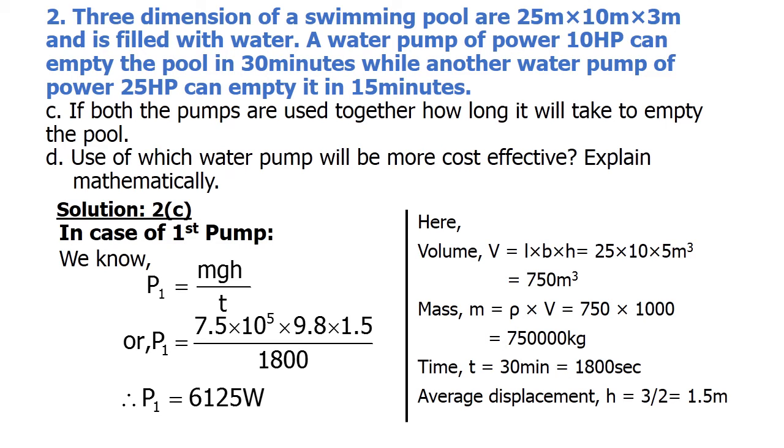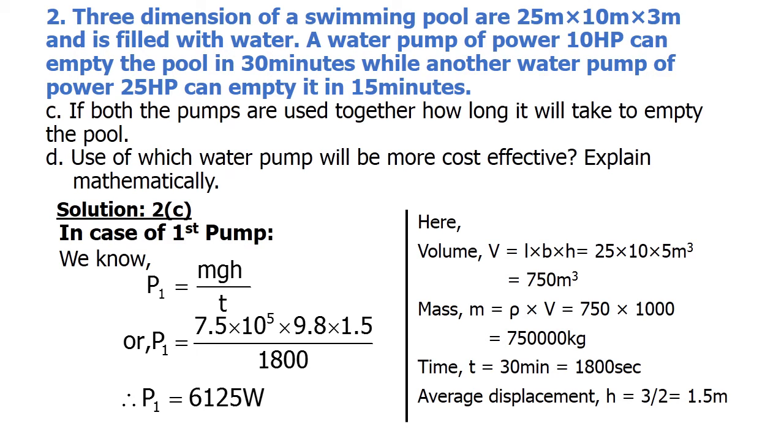So we'll get the volume 750 meter cube, and we know the formula rho equals m by v. From that formula we can get m equals rho into v.